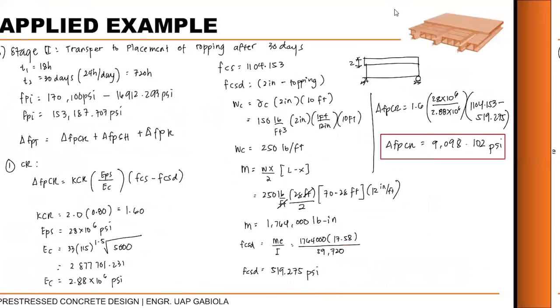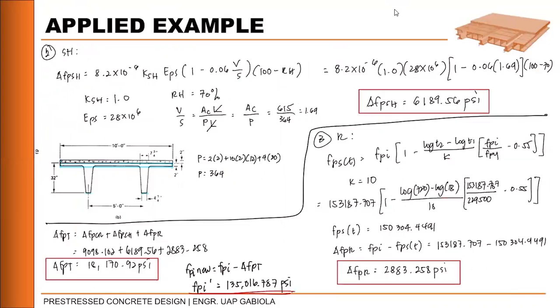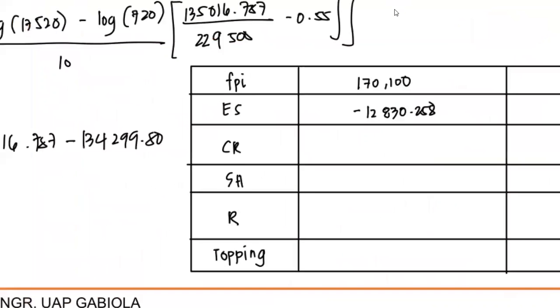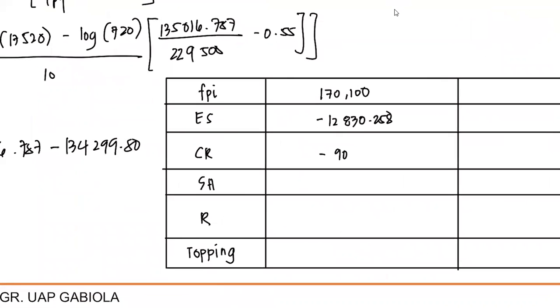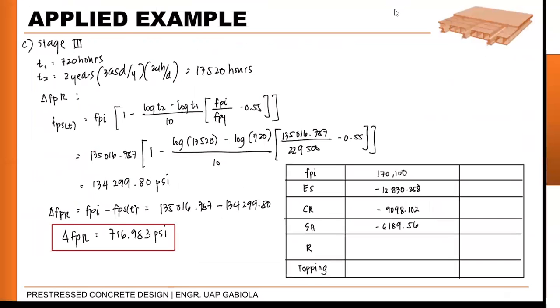And then yung sa ating shrinkage, that is 6,189.56. Okay? So, rewrite lang natin dito. So, minus 9,098.102. Then we have negative 6,189.56.